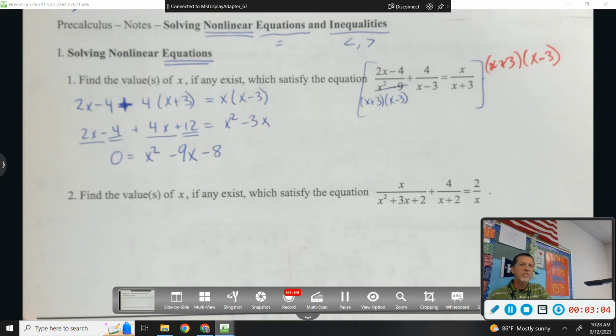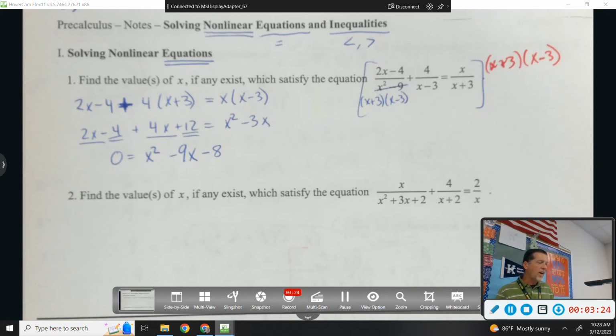Does that factor? It's sure tempting, right? Because 8 times 1 is 8, and 8 plus 1 is 9. But the signs are messed up, so it doesn't factor. Man, that's a tricky one to try to bait you into factoring.